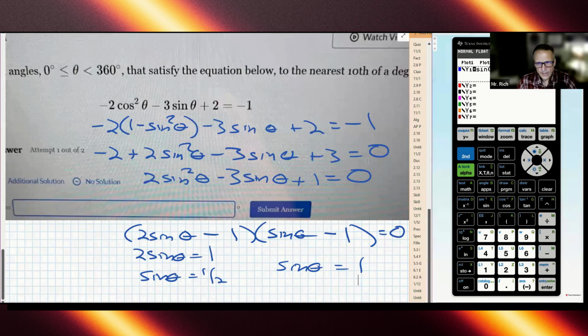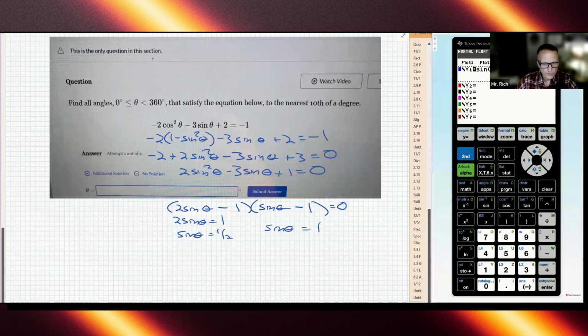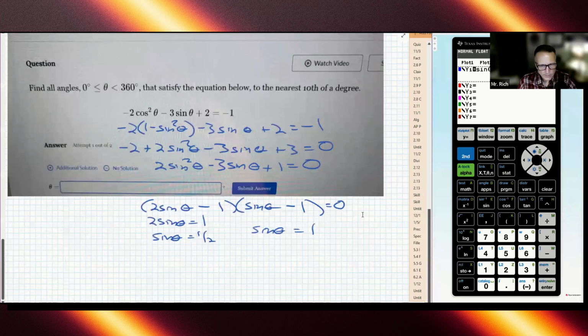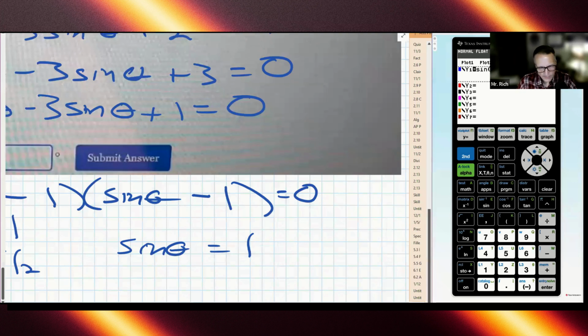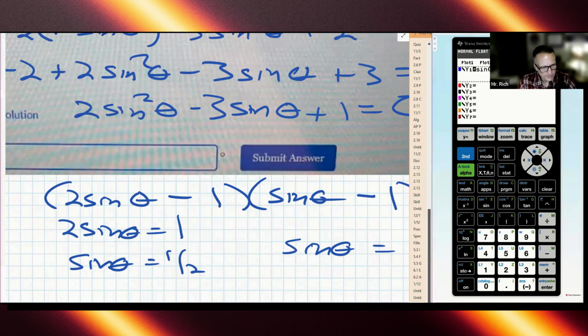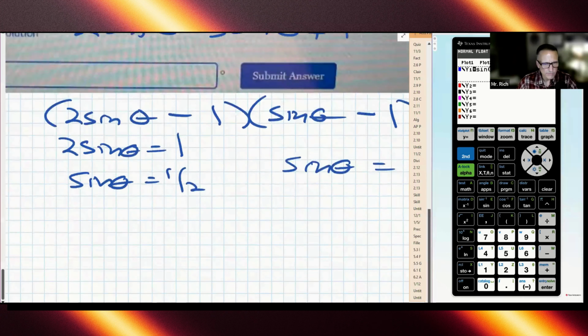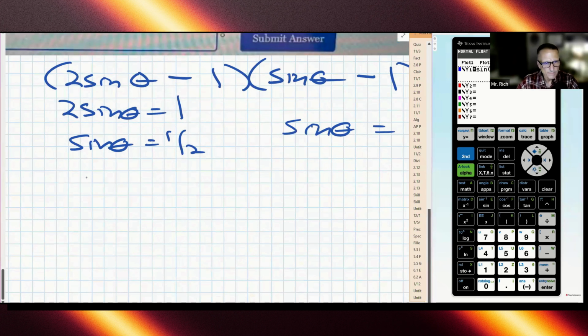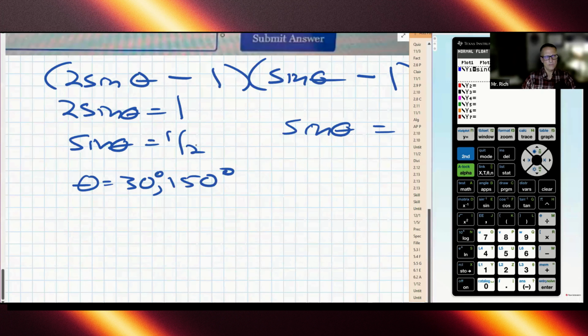We are only considering angles within the unit circle from 0 to 360. So the solutions for sine theta is equal to 1/2 are going to be in the first and second quadrants. So that's going to be 30 degrees and 150 degrees. Is that right? Sine 30, 1/2. Yep.